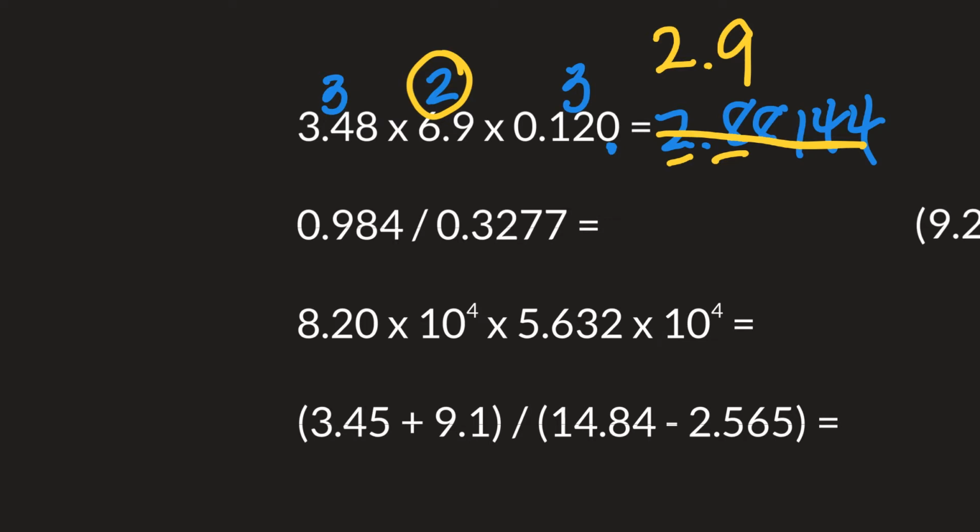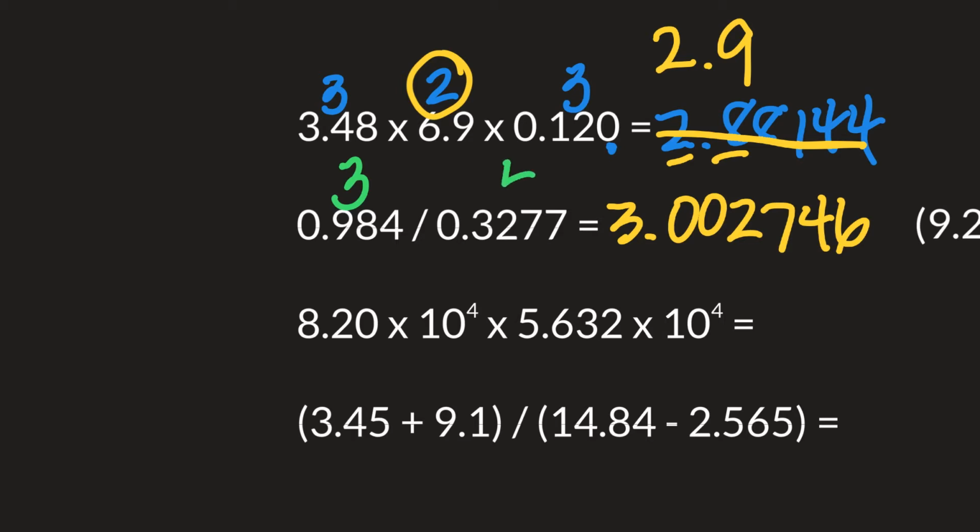All right, same thing goes for division. So, first divide. I get 3.002746, and so on. 0.984, hopefully you agree that is 3 sig figs.